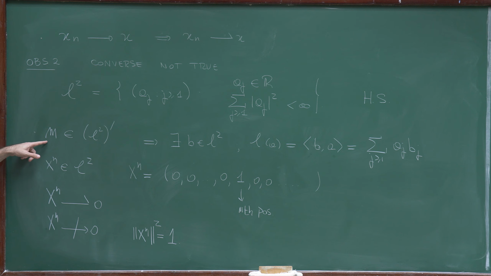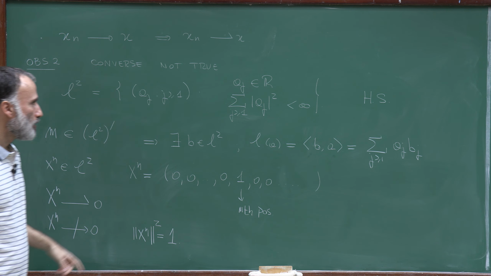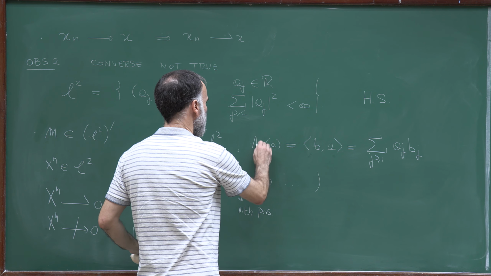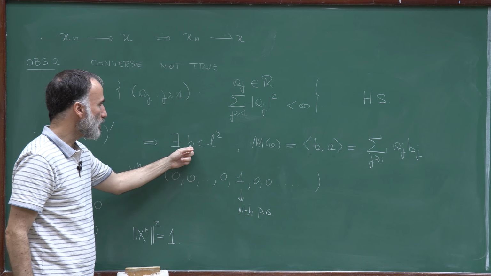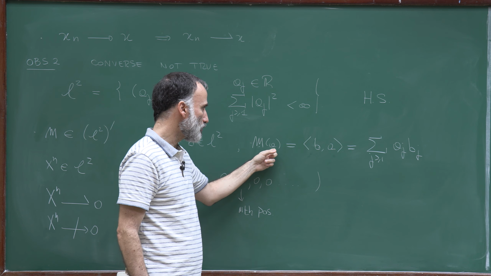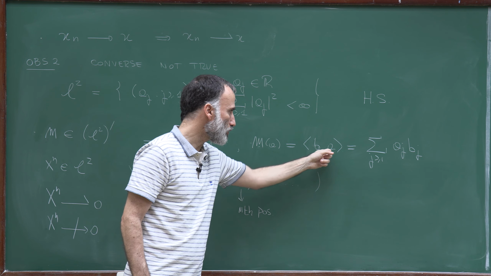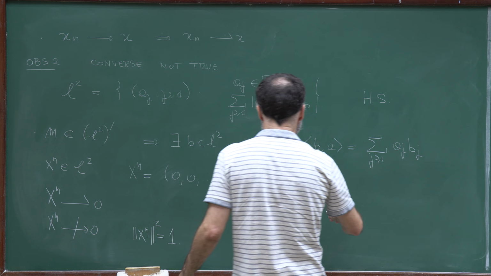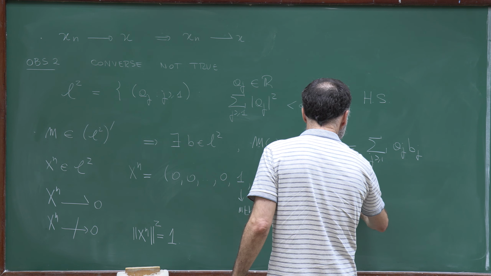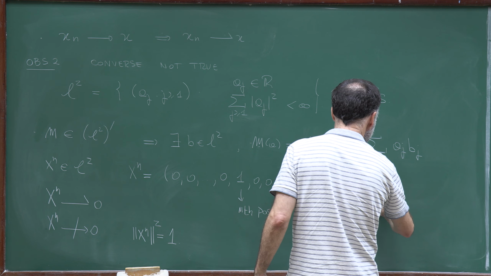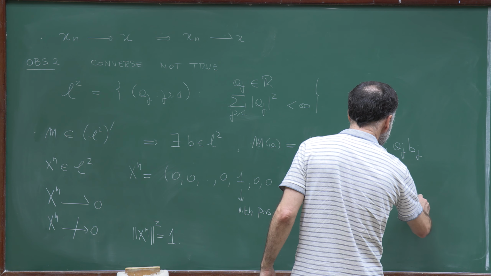For that, you need to fix a bounded linear functional, call it M. By the Riesz representation theorem, you know that there exists an element of L2, which I'm calling B, such that M applied to any element A is the scalar product of A with B. Therefore, if now I apply that to xn, this is the scalar product of B with xn.